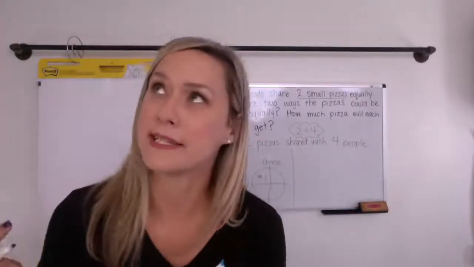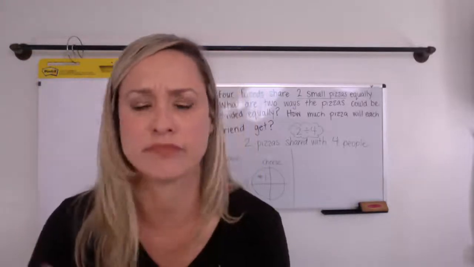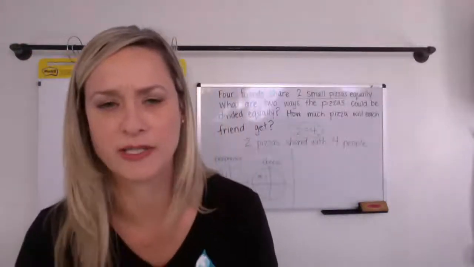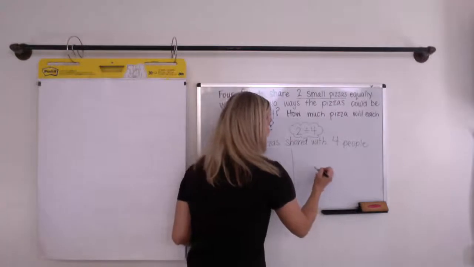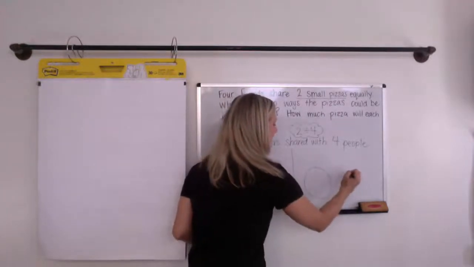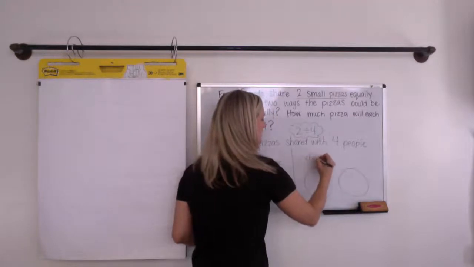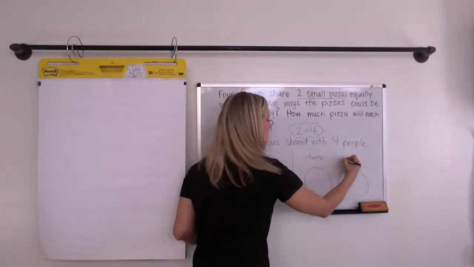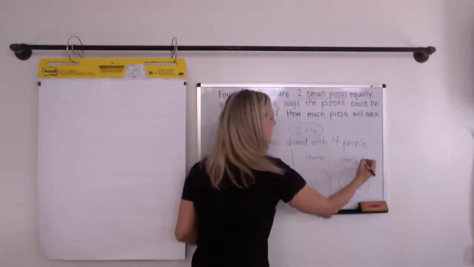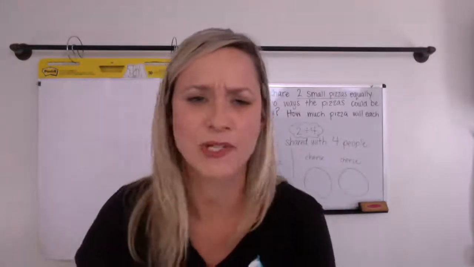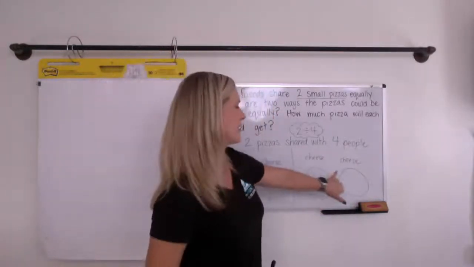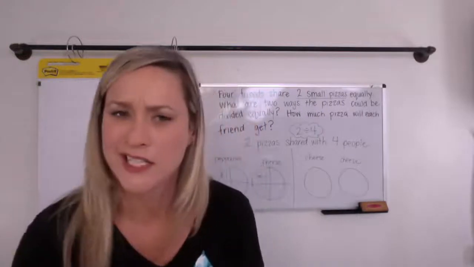Now a second way is, let's say both pizzas are just cheese pizza. So this is our second way. And we're just gonna pretend they're both cheese. So if they're both cheese and you're the same person, do you need a slice of cheese from here and a slice of cheese from here? Probably not, right?